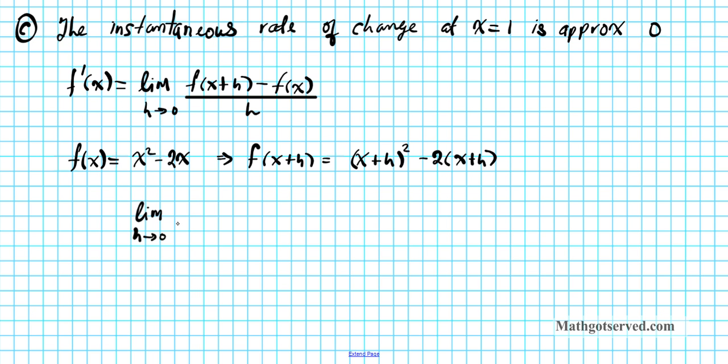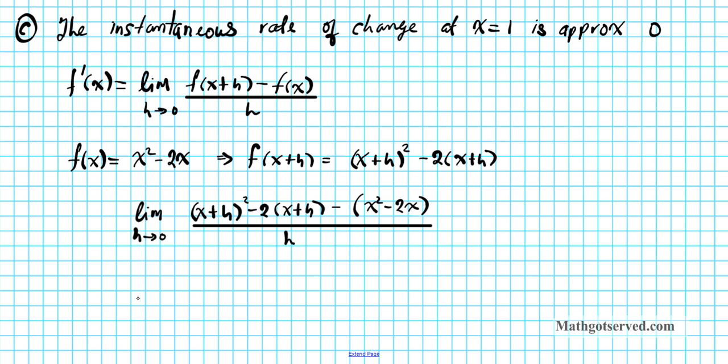So if we plug that in here, f of x plus h is going to be x plus h squared minus 2 times x plus h minus f of x. f of x is the function x squared minus 2x. And that whole business divided by h. Okay, this is going to tell us what the instantaneous rate of change is, and we're going to see how accurate our guess is. All right, so let's go ahead and simplify this.